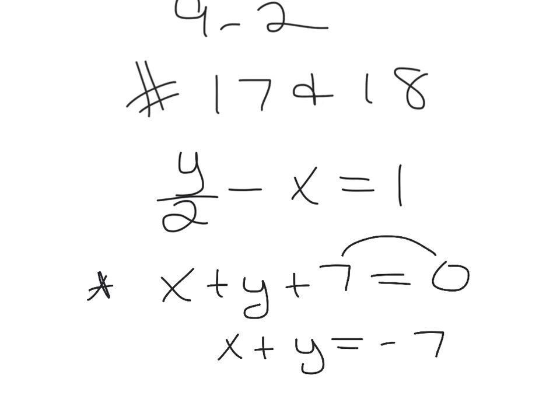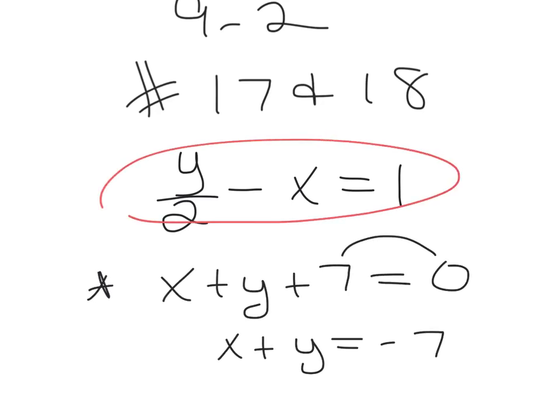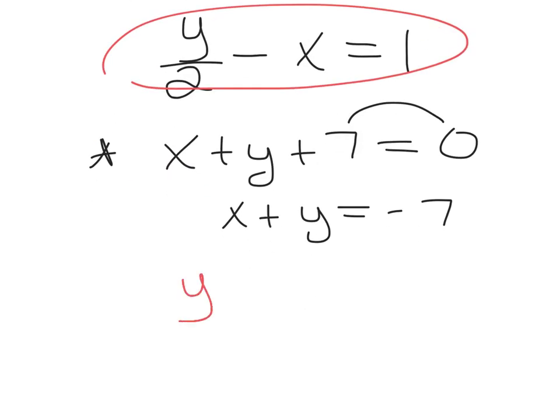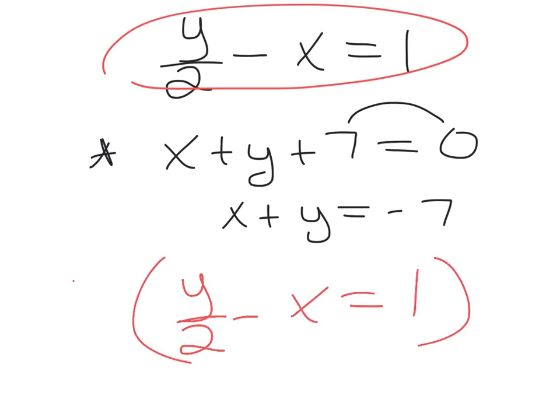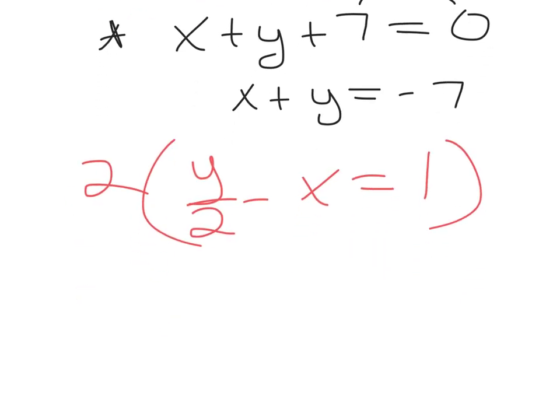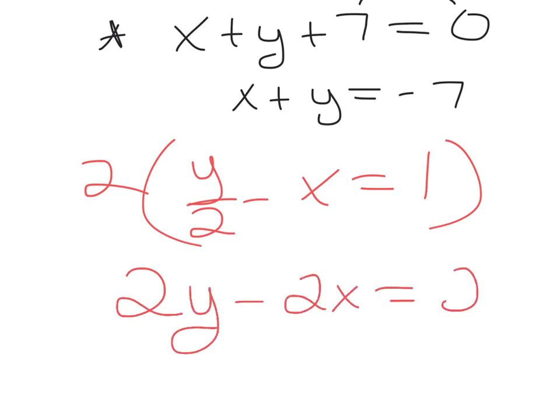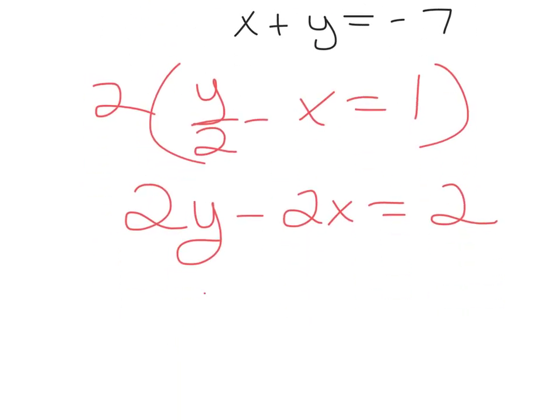For this one, I'm going to get rid of the fraction by multiplying my whole equation by 2. So when I multiply it by 2, now I get 2y minus 2x equals 2. I'm clearing the fraction first, and then my other equation was this.